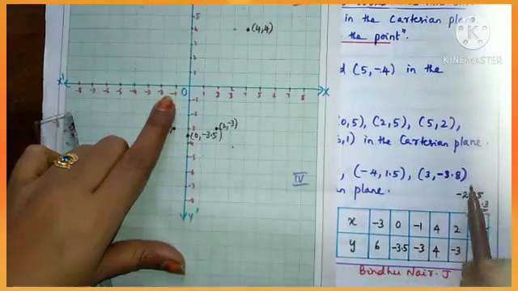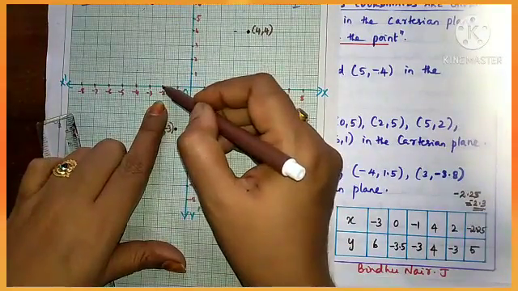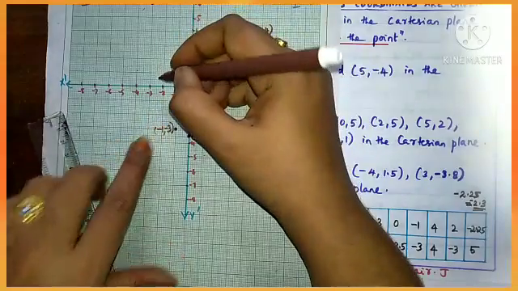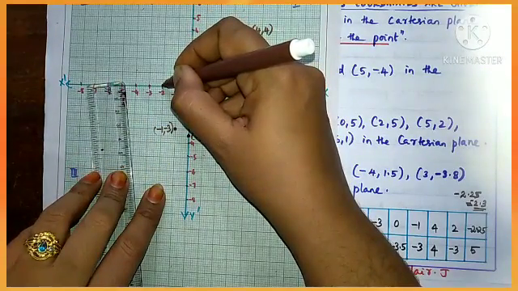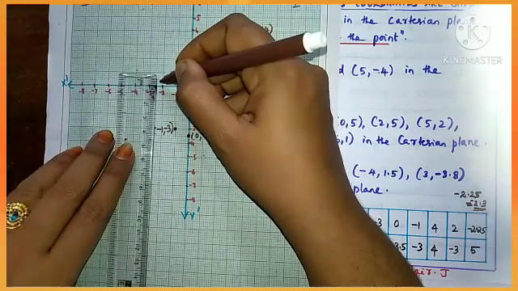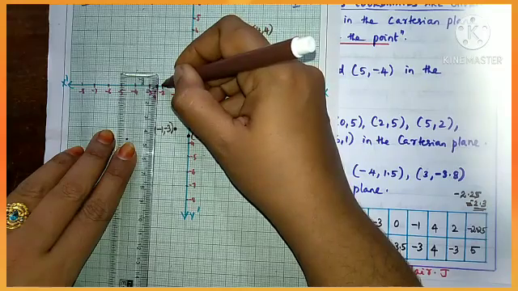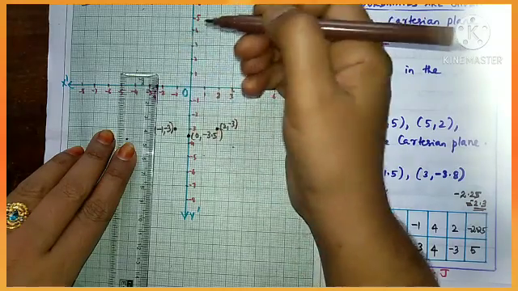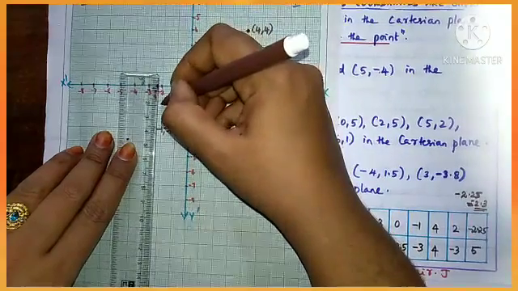No, it is wrong. Minus 2.3 means the number will come between minus 2 and minus 3. So after minus 2 you want to count the small lines: minus 2, 0.1, 0.2, 0.3. The third small line after minus 2: minus 2.1, 2.2, 2.3. Yes, so use your ruler and take it correctly.